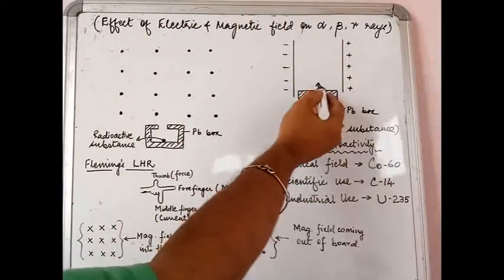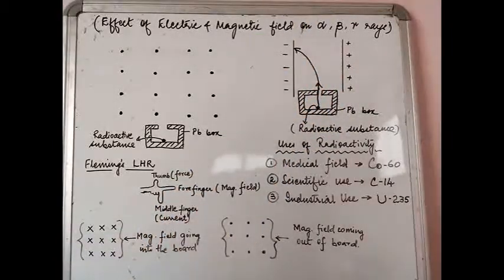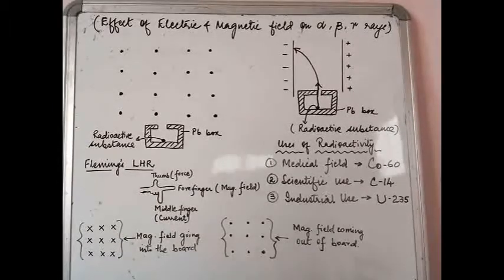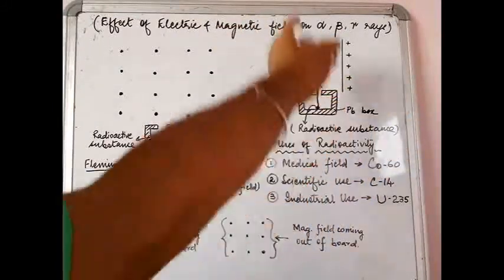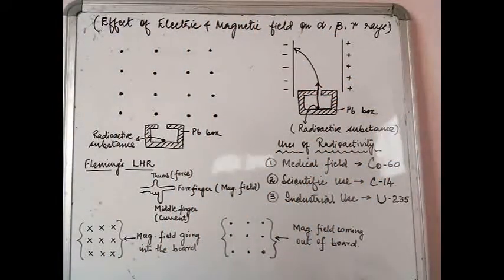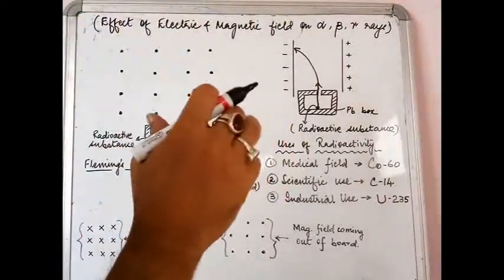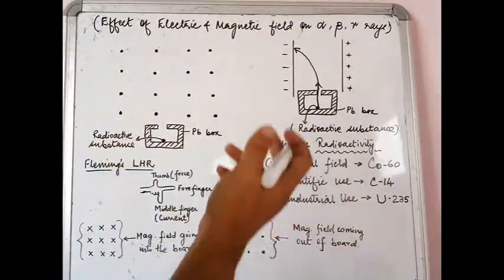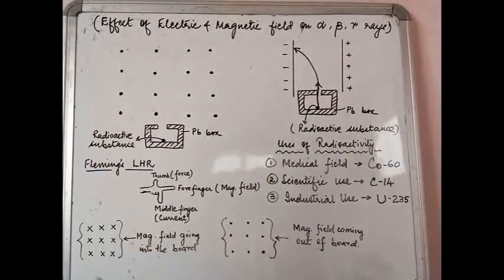So if I complete the diagram over here, this will be the direction in which the alpha particle will go. Okay, so essentially what this setup is telling you is that had the electric field not been there, the alpha would have gone straight. But since there is a presence of the charges, like charges and unlike charges, therefore alpha being positive, it is going to be deflected towards the negative charge.